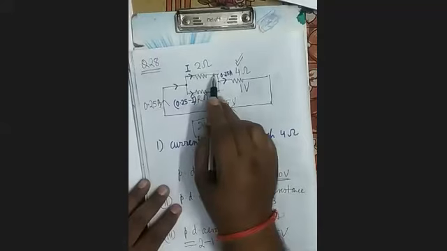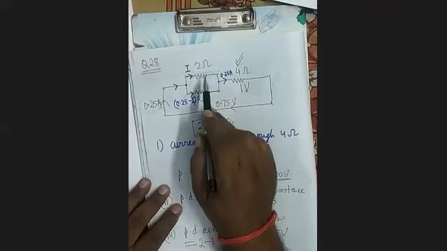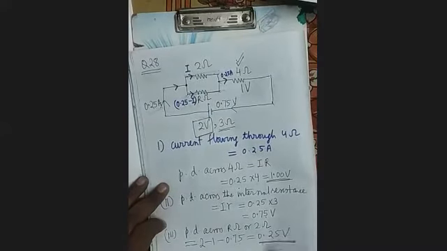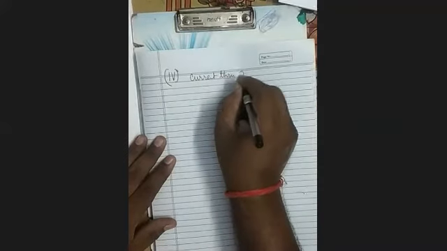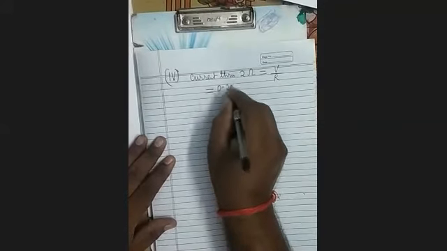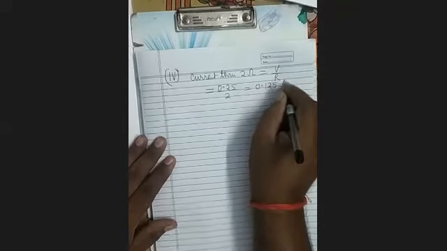Now you have to find the value of R. So how will you find the value of R? So you can see. First you find out the current through 2 ohm. The current passing through 2 ohm will be equal to potential difference upon resistance. We already know the potential difference. So current through 2 ohm is V upon R. We have found V, R is 2, so 0.125 ampere.